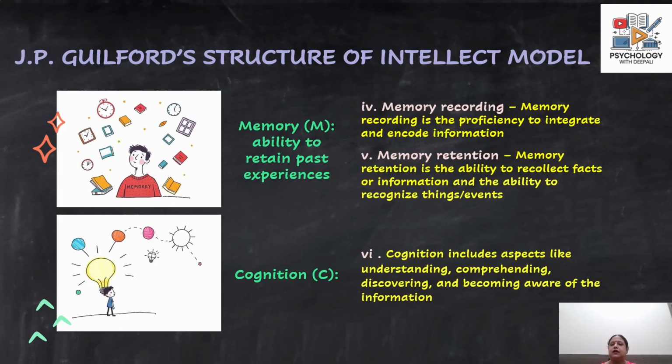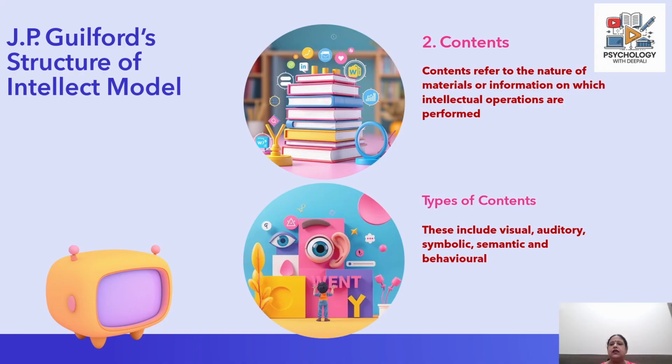And all these six abilities which come under operations are involved in the various ways in which we think. And what we do, therefore, after that is how do we think on the various contents that we have. So contents is the nature of materials or information on which intellectual operations are performed.